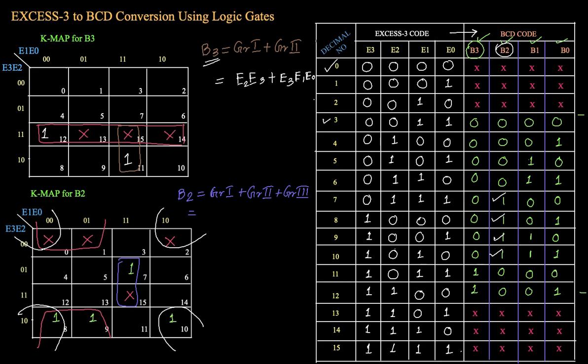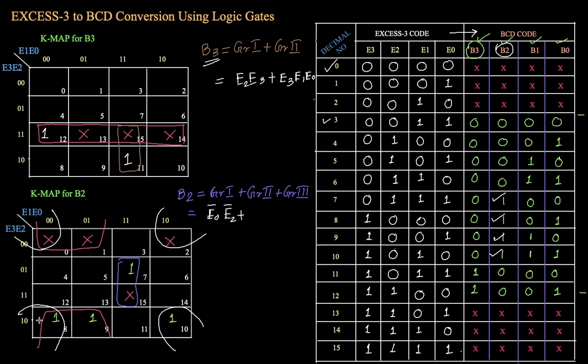Taking group 1 as the 4 white corners, here E1 is 0, here E1 is 1, and E0 is 0, 0, so E0 does not change, so E0 bar is there. And looking over here, E3 is 0 1 and E2 is 0 and 0, so E3 changes but E2 is the same, so E2 bar is in your group 1.